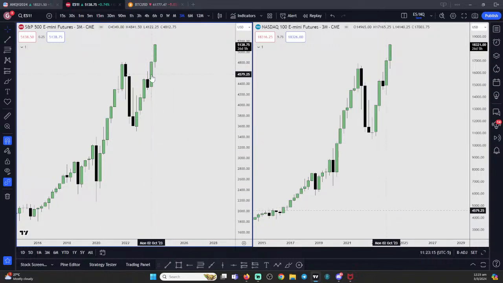So even at this high, if you take a look at the close, 4812.75, and the high is 4841.5, that's about 30 handles, sorry, not 50. So if it was to close above like that, then we wouldn't have any retracements in March, right?